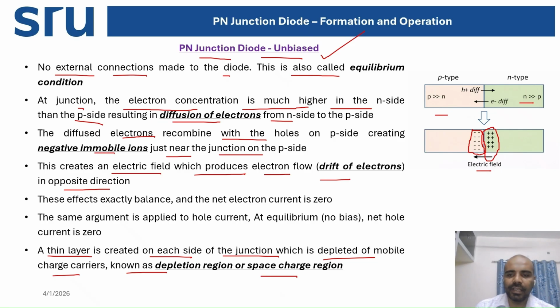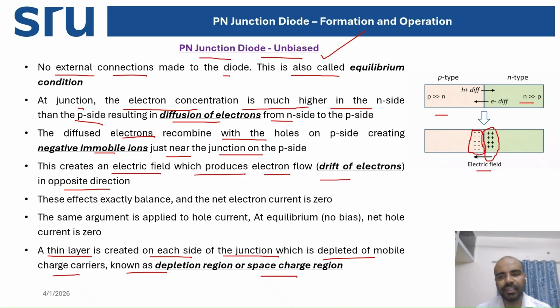Here, immobile donor ions and acceptor ions are present, which creates an electric field that prevents further recombination of electrons and holes, or movement of electrons and holes from p side to n side or n side to p side, right? It prevents the movement of holes from p side to n side, and it also prevents the movement of electrons from n side to p side.